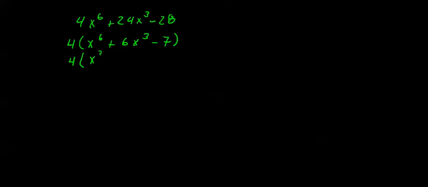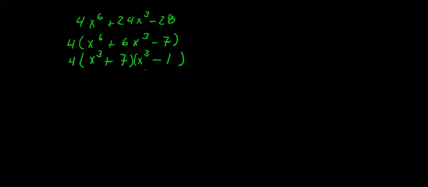X to the 3rd, x to the 3rd, no choices there. Positive and a negative. And the only factors of 7 are 7 and 1. So I want 6 to be positive, so I put the 7 here, and the 1 here. Positive 7 minus 1 is positive 6.